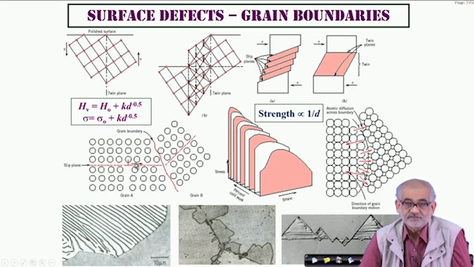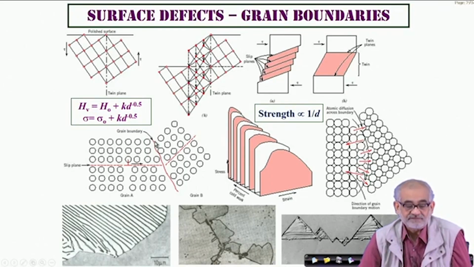So the stress which was responsible for moving the dislocation up to the boundary will no longer be able to move it into the other domain. This is like a boundary between two countries: you have a border here, so obviously this fellow cannot move to the next country without disrupting. So when it stops, that means the deformation stops and the strength increases.